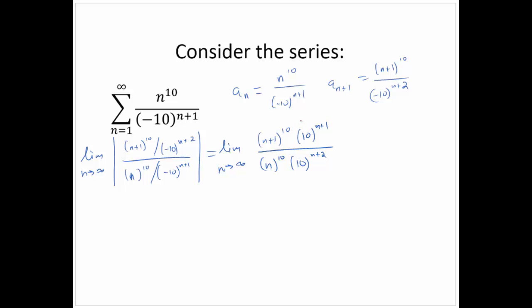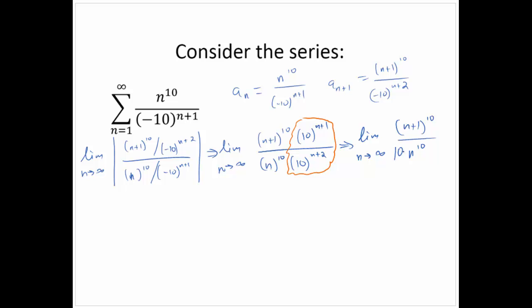Now, if we focus on the 10s here, I have 10 to the n plus 1 over 10 to the n plus 2. We have one more factor of 10 in the denominator. So, limit n approaches infinity, I'd have an n plus 1 to the 10th over n to the 10th, and I'd have a 10 in the denominator.